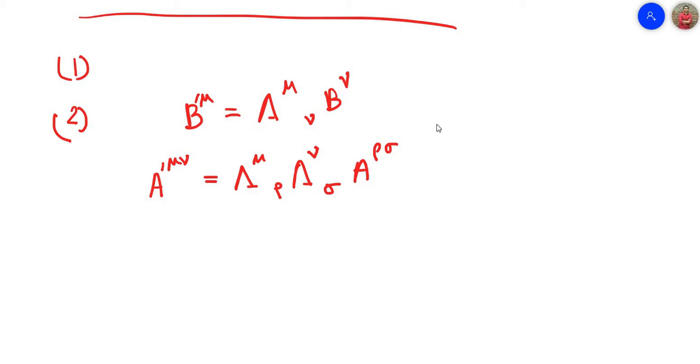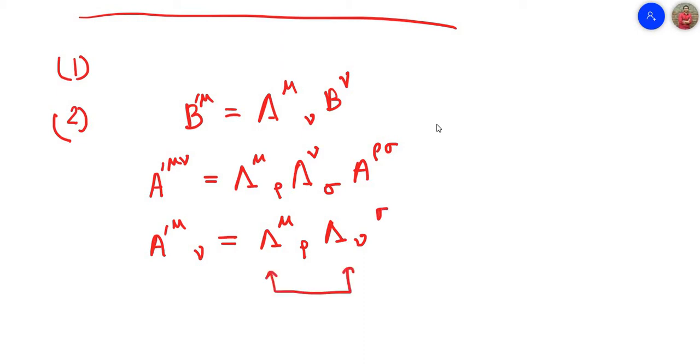And if we had one upper and one lower index, one contravariant and one covariant index, then it would transform for the contravariant index as mu rho, and for the covariant index as nu sigma.